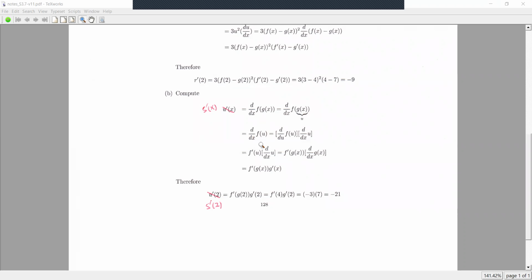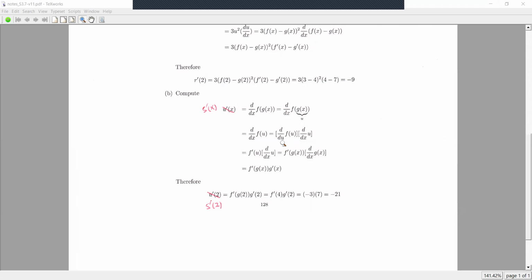To overcome the difficulty, I insert du in the denominator and put a du in the numerator. Then this derivative is equal to this derivative times this derivative. This step is the chain rule. The first derivative is of function f of u with respect to u.